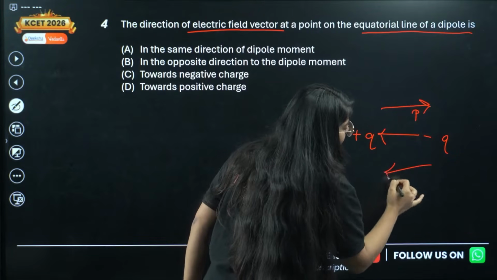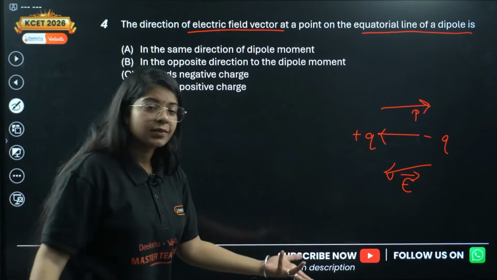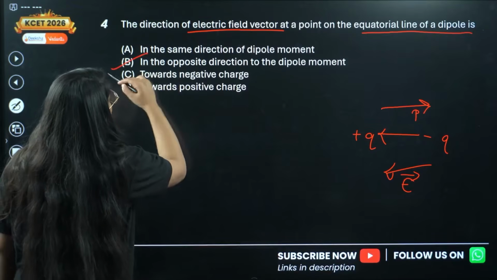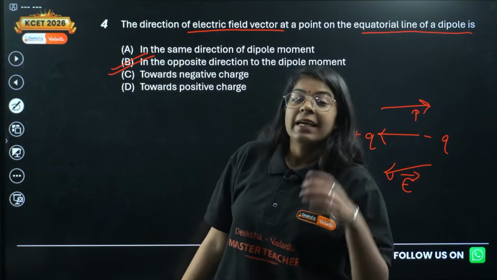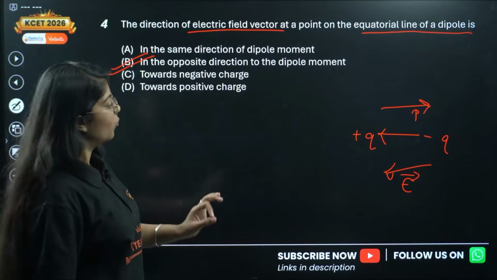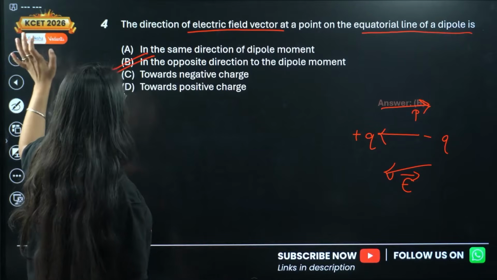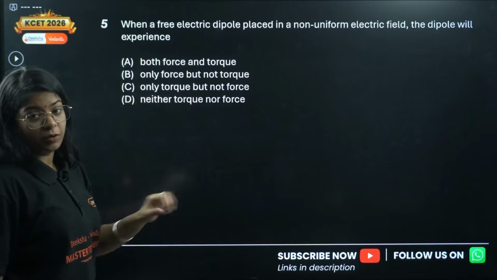So electric field vector is always in the opposite direction. That is it. So it will be in the opposite direction of the dipole moment, correct? Electric field on the equatorial line is always in the opposite direction of the dipole moment. Understood?